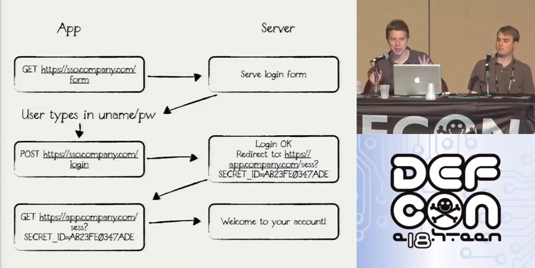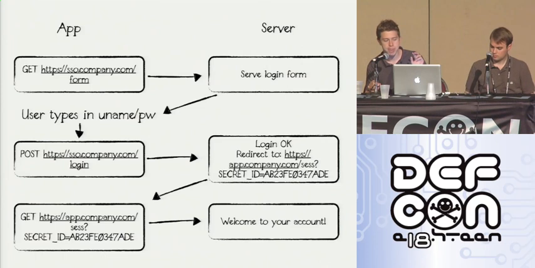So let's imagine a hypothetical application that has a web view embedded in it. So it's a mobile application that effectively is just a web browser. When you start the application, it retrieves the login form from the server. Server serves the login form. User goes, tap, tap, tap, enters their email and password. They click the button. It posts that information over SSL, and let's imagine they're using a single sign-on service.